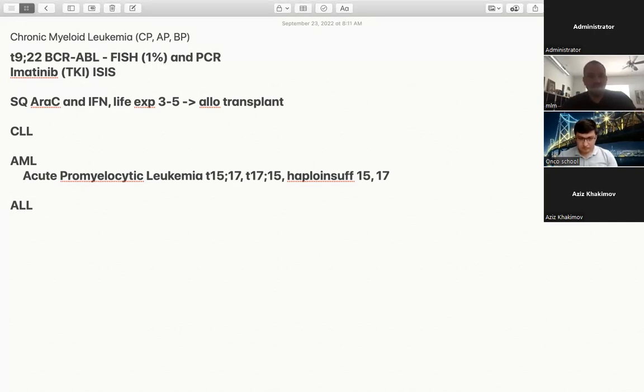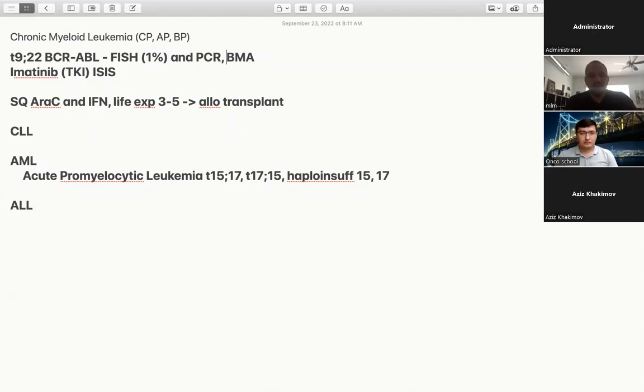So at diagnosis, you need both FISH and PCR to prove that you can then monitor them by PCRs, and you still need a bone marrow biopsy. So you still need a bone marrow aspiration and biopsy, because that's the only way you can define the additional cytogenetic abnormalities to correctly phase somebody, whether they're in chronic phase or accelerated phase. And that has differences for dosing of your tyrosine kinase inhibitor.